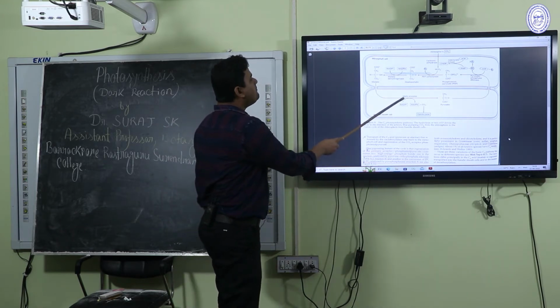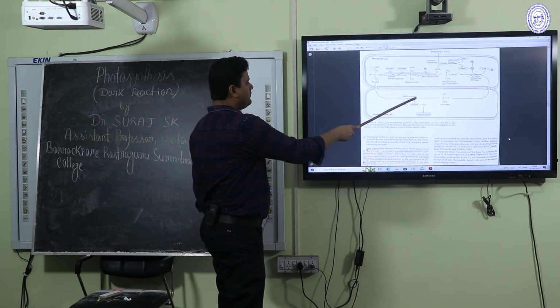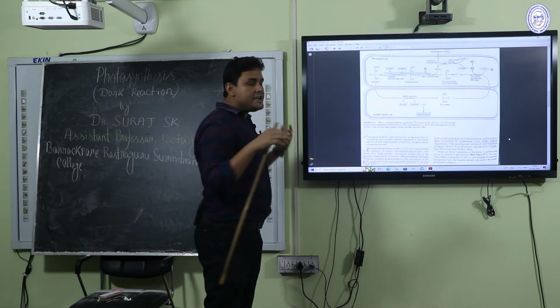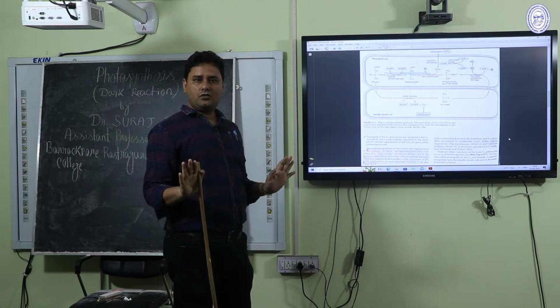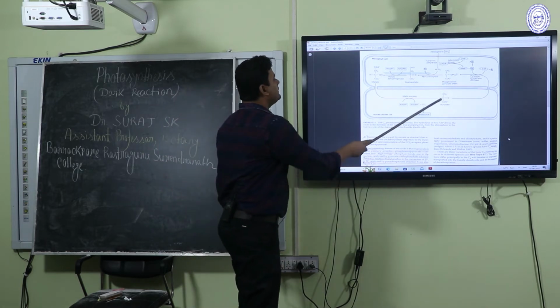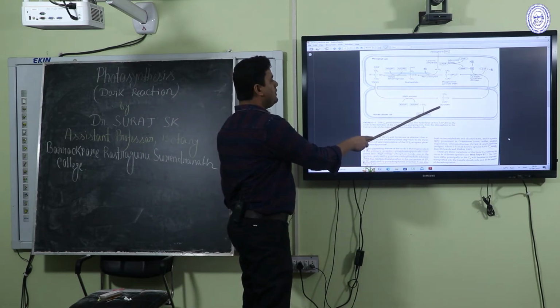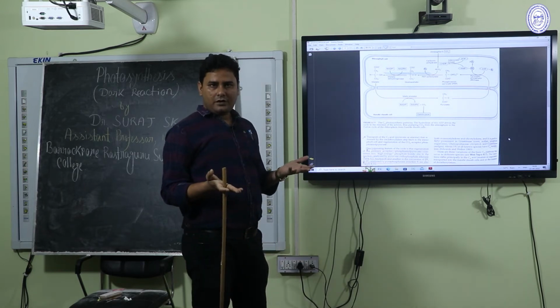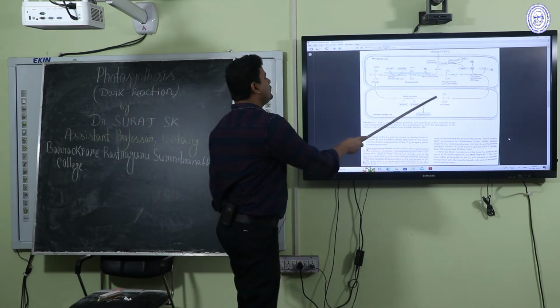Here, with the help of malic enzyme, a decarboxylation reaction will take place, and a 3 carbon compound, pyruvate, that is a 3 carbon acid, will be produced.